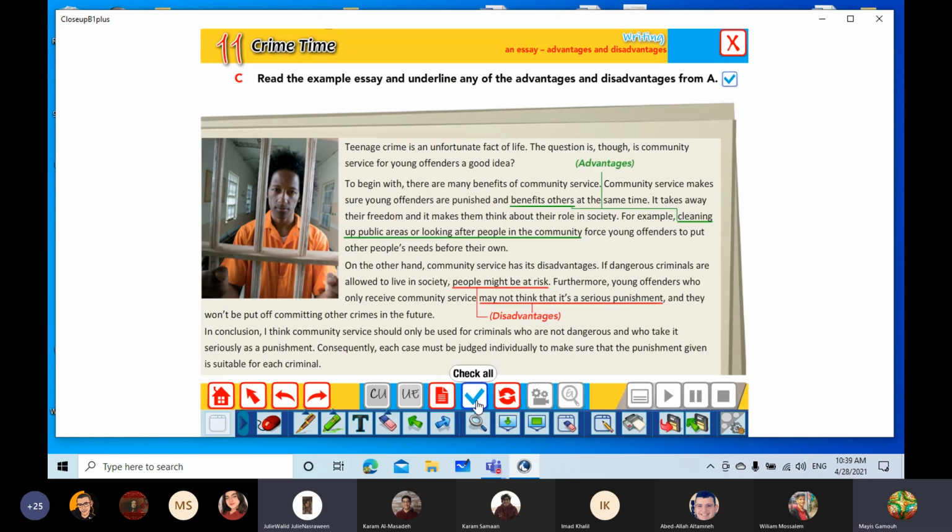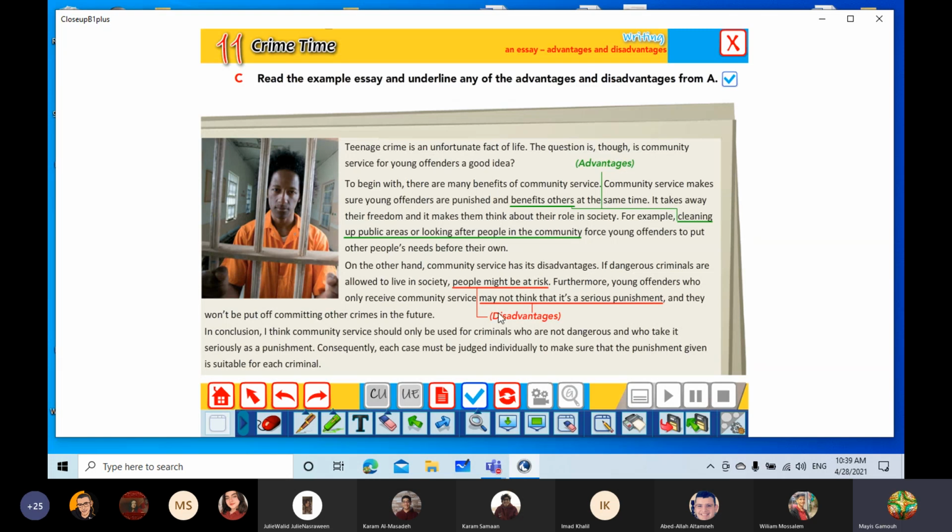Yes, dear. Thank you. So let us check our answers in here. Yes, as Abdullah said, it benefits others. All right, and it's like cleaning up public areas or looking after people in the community.